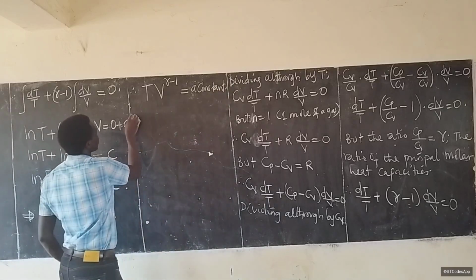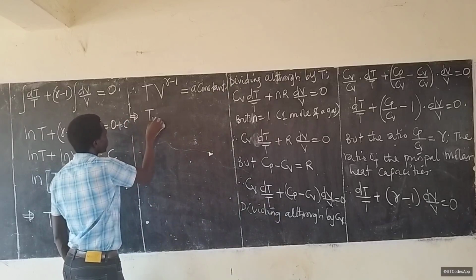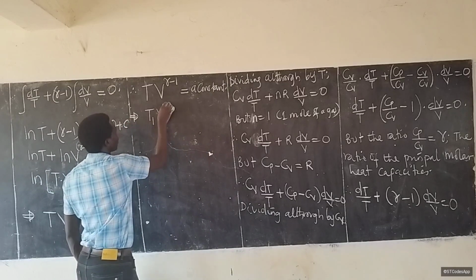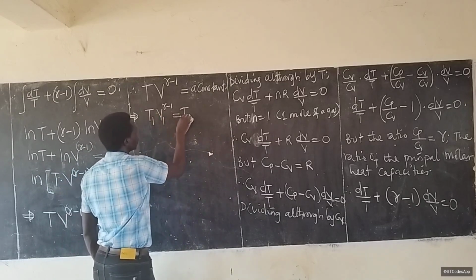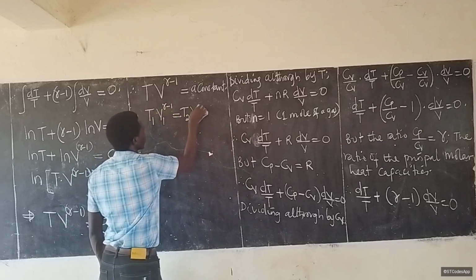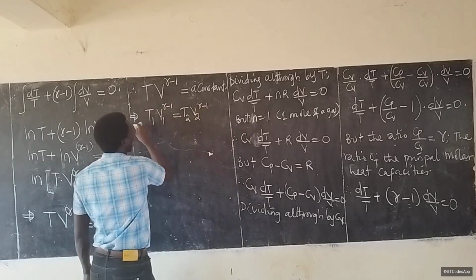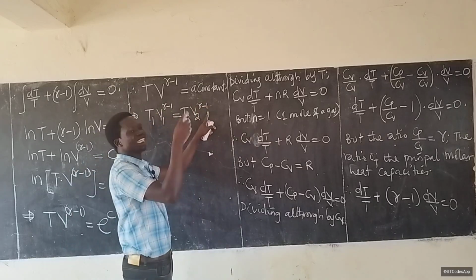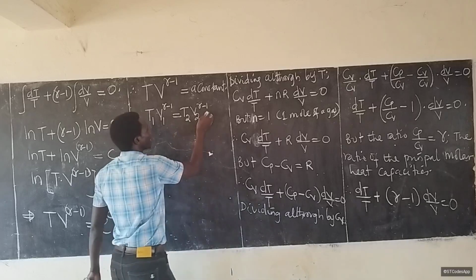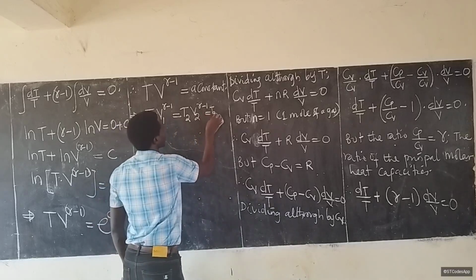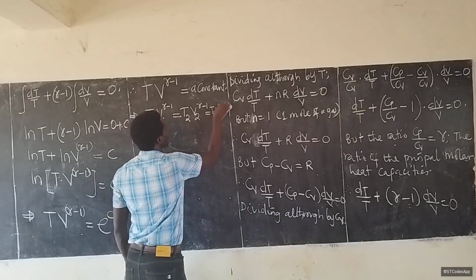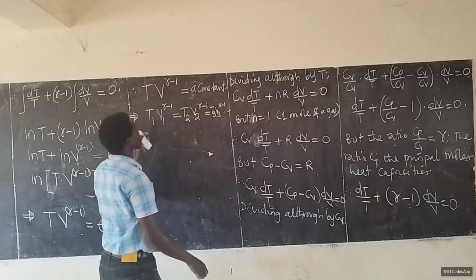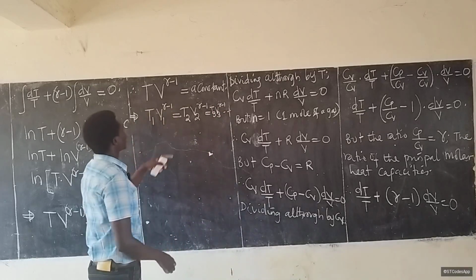And so we can write this equation as T1 V1 to the gamma minus 1 is equal to T2 V2 to the gamma minus 1, and you can as well go up to T3 V3 to the gamma minus 1, equal to a constant. That's the meaning of that.